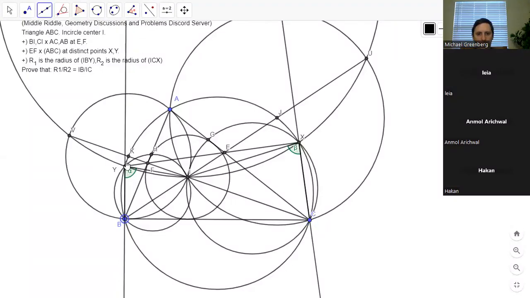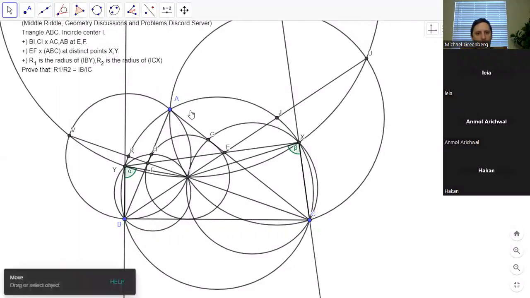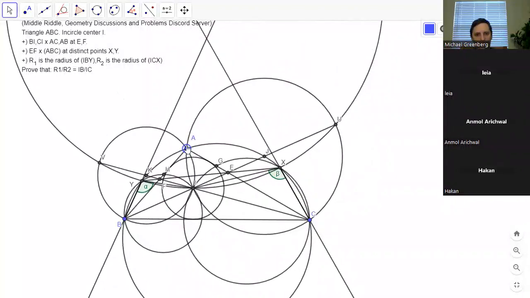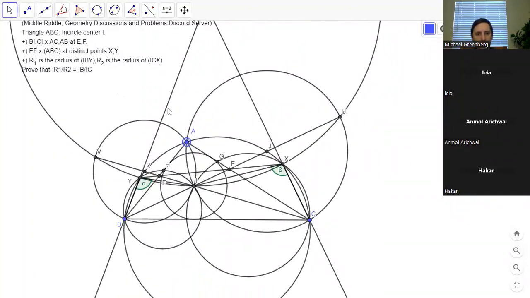So I have to make the diagram, but basically we want to show that this angle is equal to this angle. It's another way of thinking about it, which I think might be better. Okay, so let's make this circle. We want to show that this angle equals this angle, right?